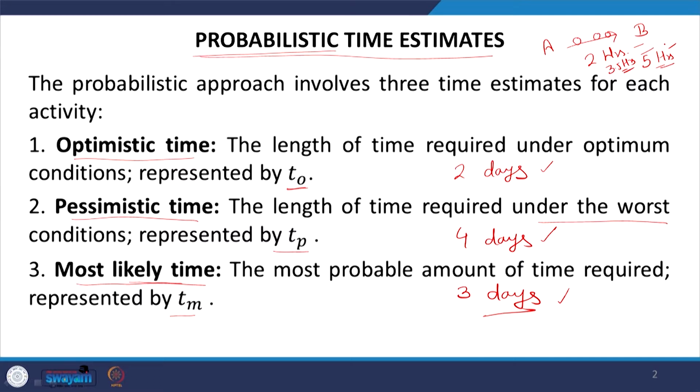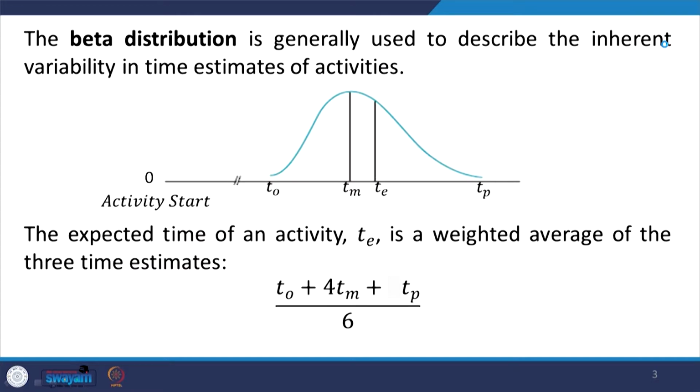Based on that, you also calculate the time of completion, and that is known as the expected time of completion of these activities. So, this is T naught plus 4 Tm plus Tp, divided by 6, and the basis of this particular formula is that the completion time of this activity is distributed like a beta distribution, and here these are the different time estimations.